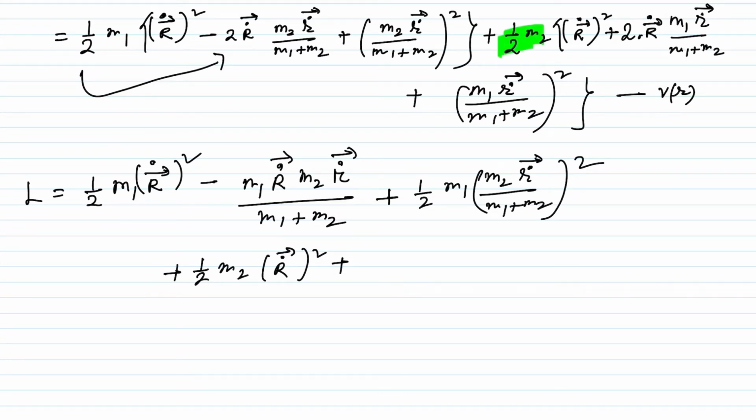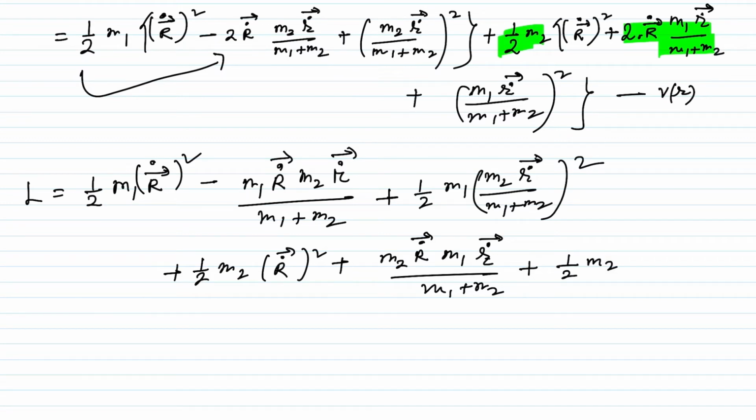and if you multiply this one with this, 2 will be cancelled, so m2 r dot vector m1 r dot vector by m1 plus m2, plus half m2, when you multiply this term with this, you get half m2 m1 r dot vector by m1 plus m2 whole square, then at the end minus V of r.